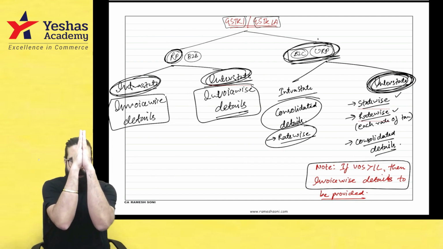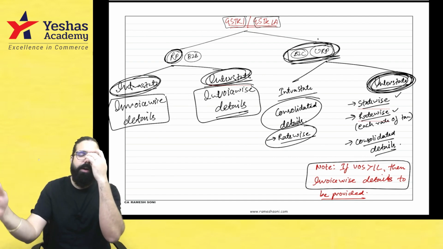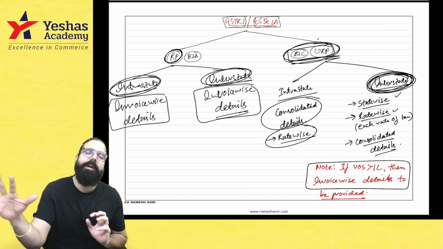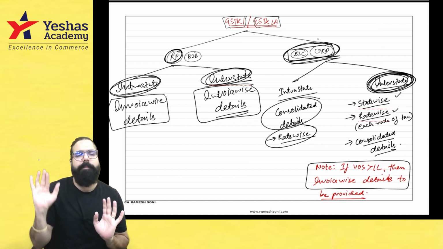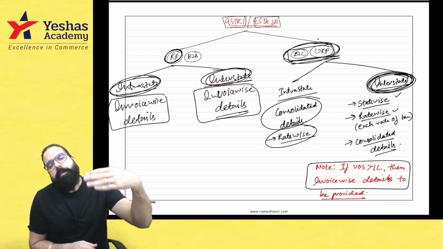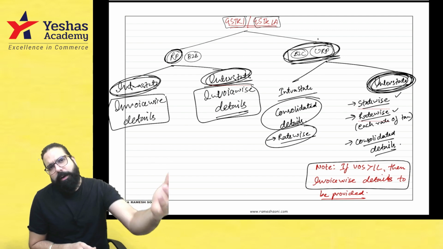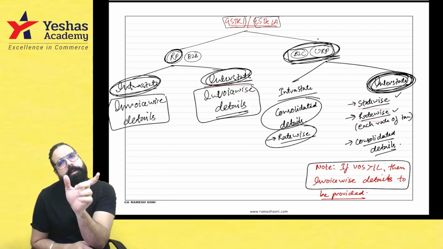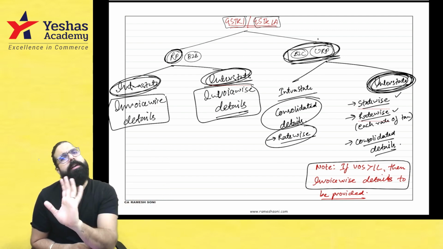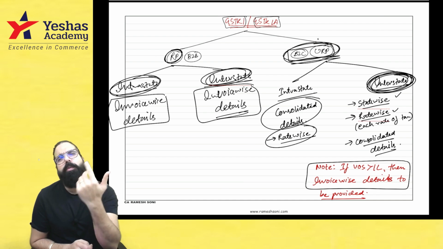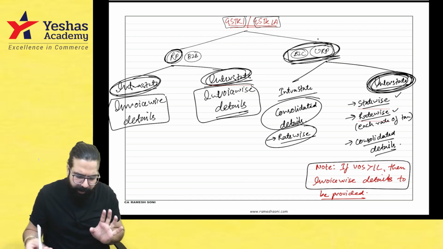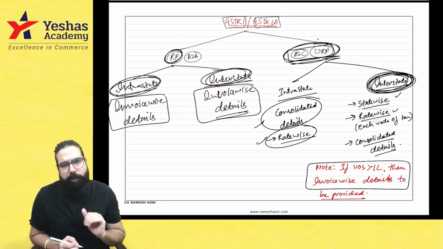Remember, if you have sold to a registered person, intra or inter, invoice wise, every invoice's detail has to be put in GSTR1 and 1A. But if you have sold to an unregistered person, B2C sale, consolidated details you can make, whether the amount is more than 1 lakh or not doesn't matter. Consolidated details for each rate of tax, how much is the total sale, you have to put.